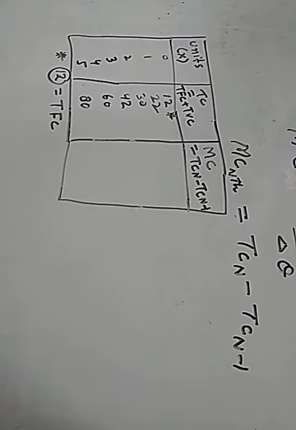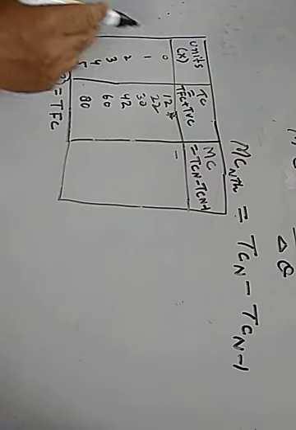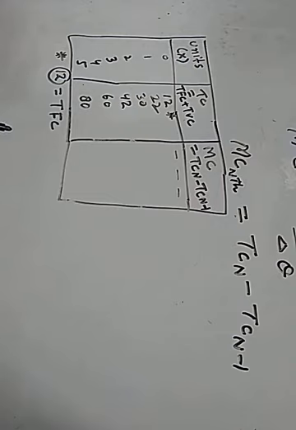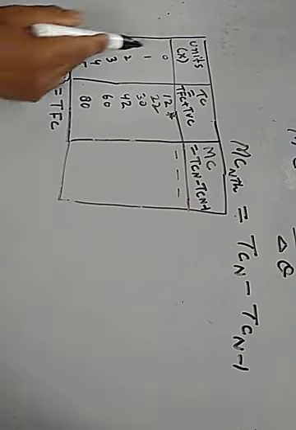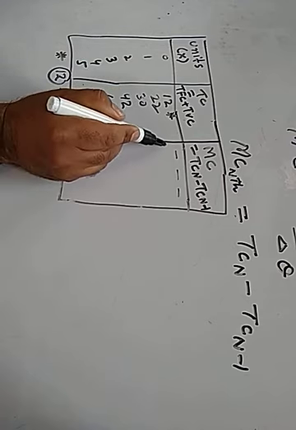Now marginal cost. When no units of output are produced, it will remain blank. When 1 unit of output is produced, total cost is 22 rupees.